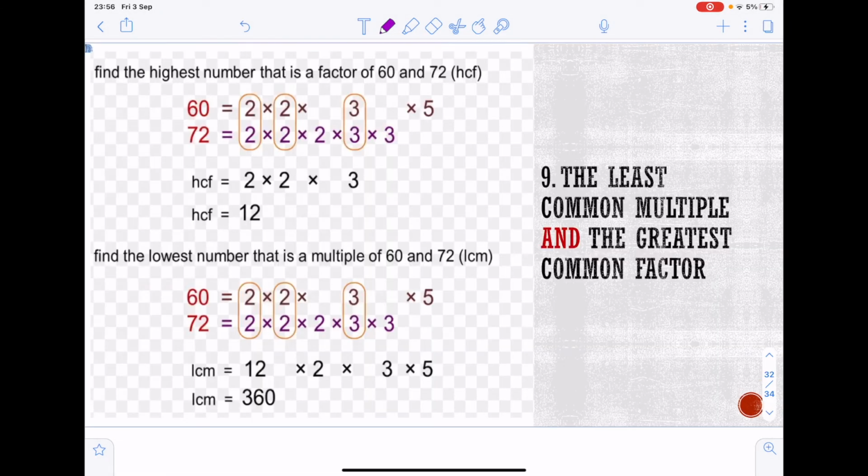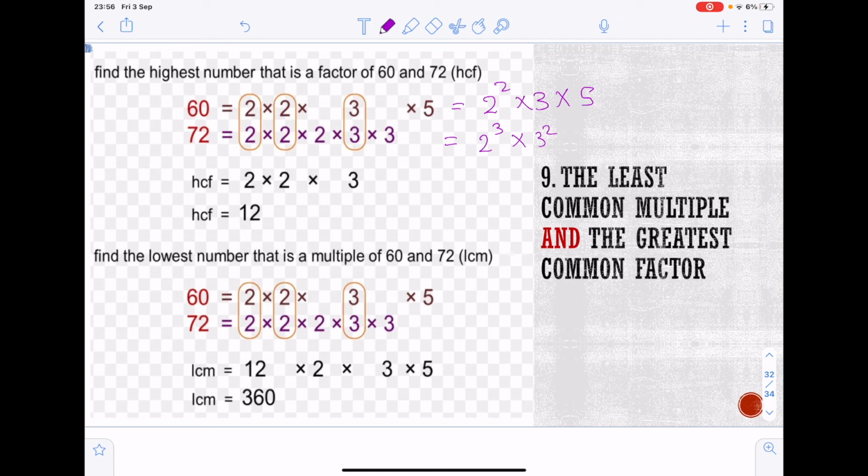Okay. And here we have the least common multiple and the greatest common factor. For the least common multiple or the greatest common factor, we have to factorize the numbers that we have. So if we factorize 60, we will have 2 to the power 2 times 3 times 5. And factorizing 72, we will have 2 to the power 3 times 3 to the power 2. Now, to find the least common multiple, we take all the factors.